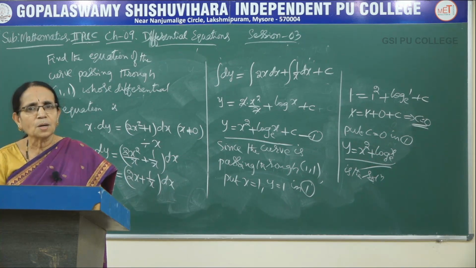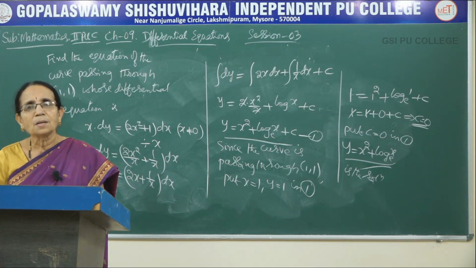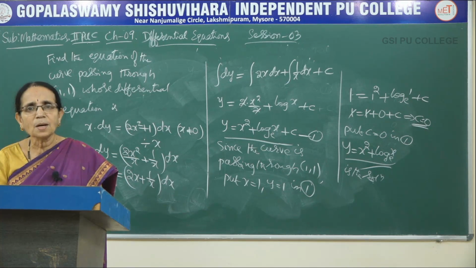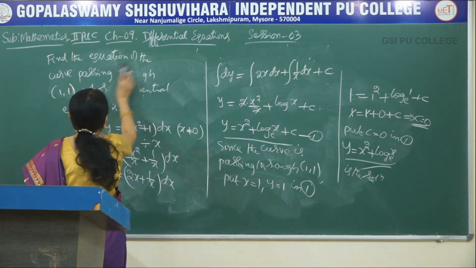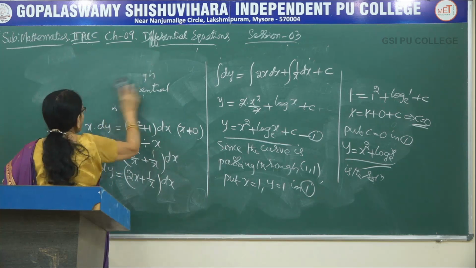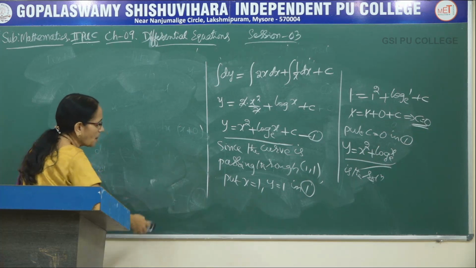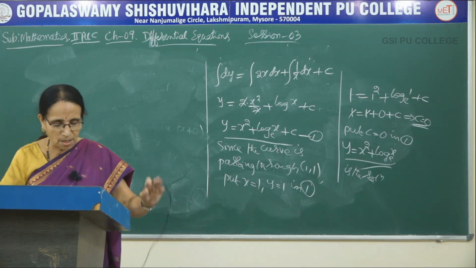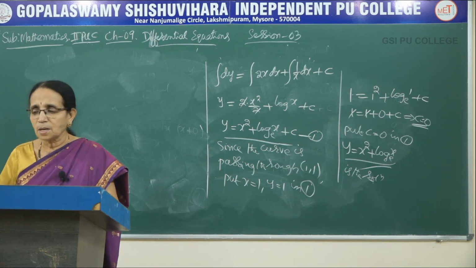When a point is given, the first value would be the x coordinate, the second value would be the y coordinate. So instead of giving the values of x and y directly, it may be given like this. Okay. Now these are the problems which have been solved using the variables separable form. Okay. Now this completes the first method of finding the solution of the differential equation.